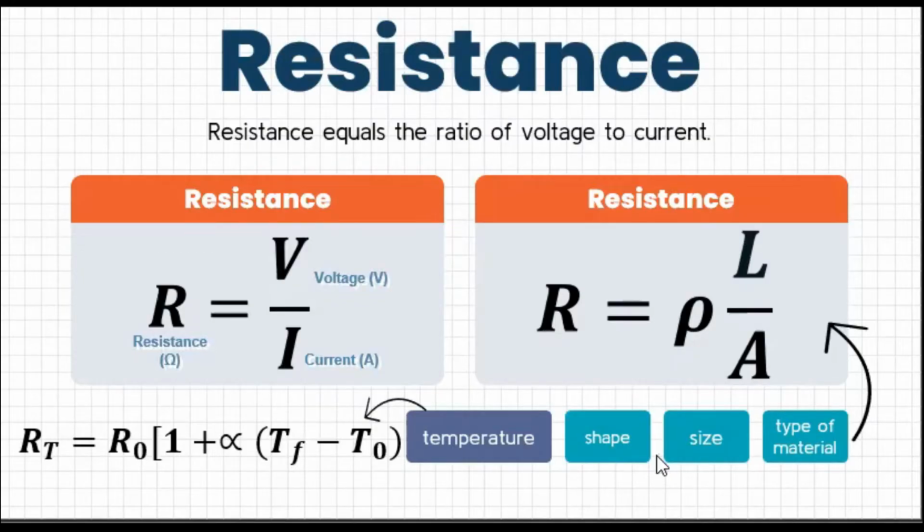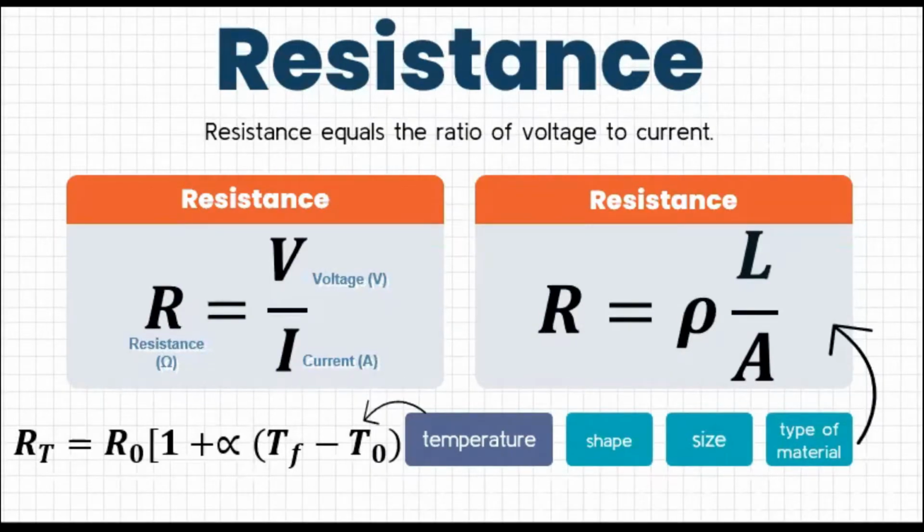Also, a change in temperature affects the value of the resistance. To mathematically express the change of resistance due to the change in temperature, we use this equation. When the temperature increases in a given environment, specifically for metals, resistance also increases.